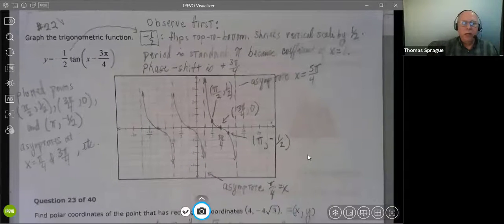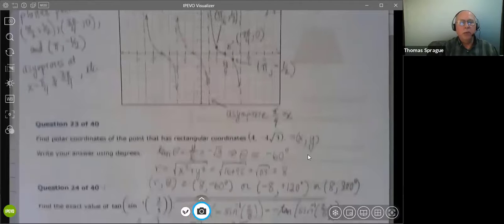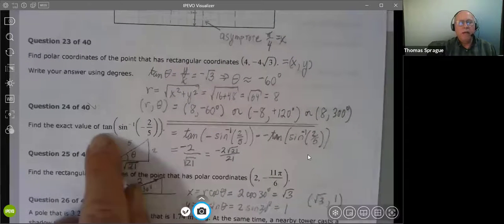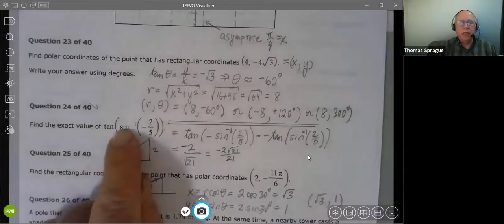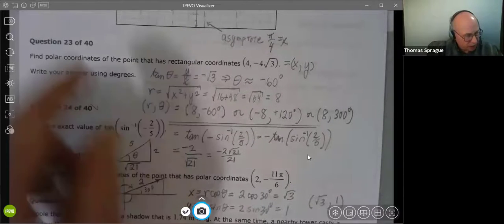Okay, that was 22. Next one up is number 24. Find the exact value of the tangent of the inverse sine of minus 2/5.